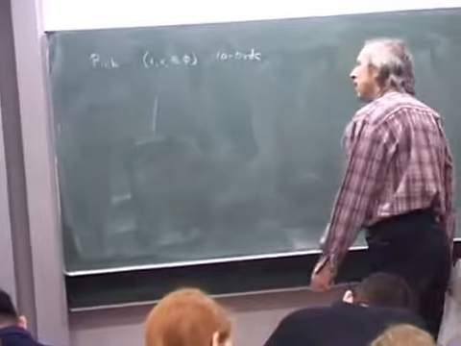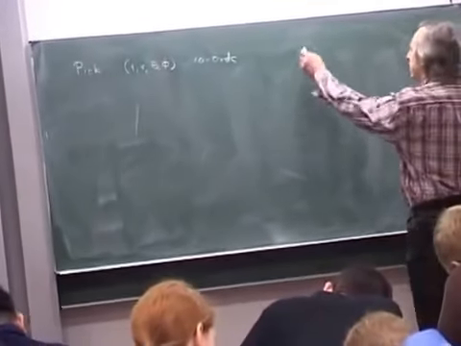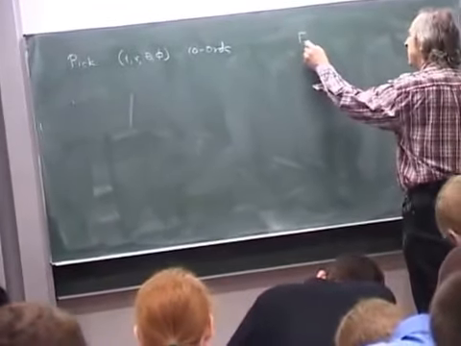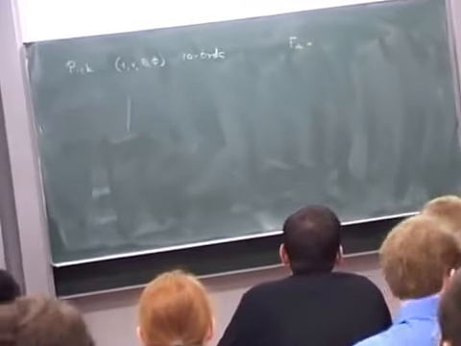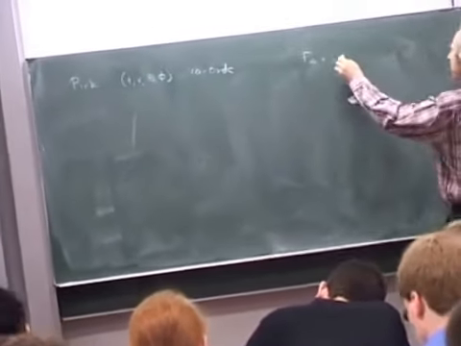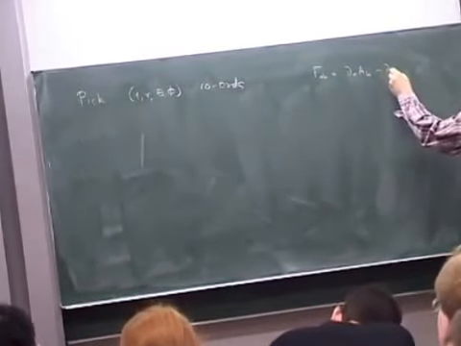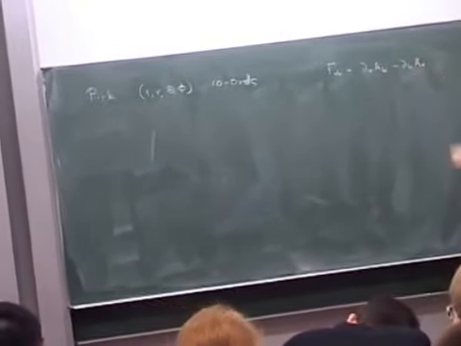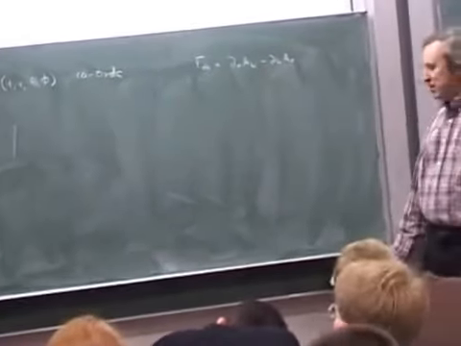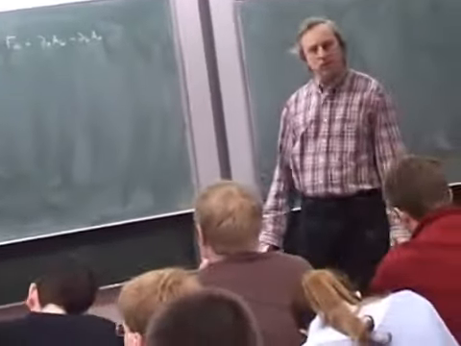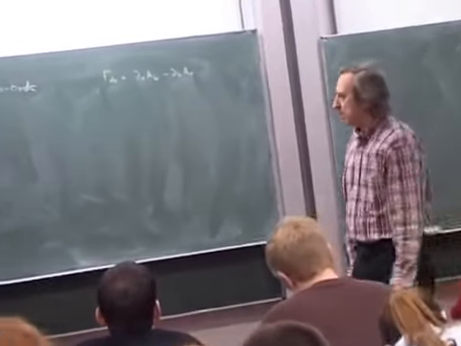So you pick t, r, theta, phi coordinates. We would like F_AB to be defined in terms of a vector potential, which is ∂_A A_B minus ∂_B A_A. And the simplest thing to do is to just imitate what you would do if you were going to look at a point charge.